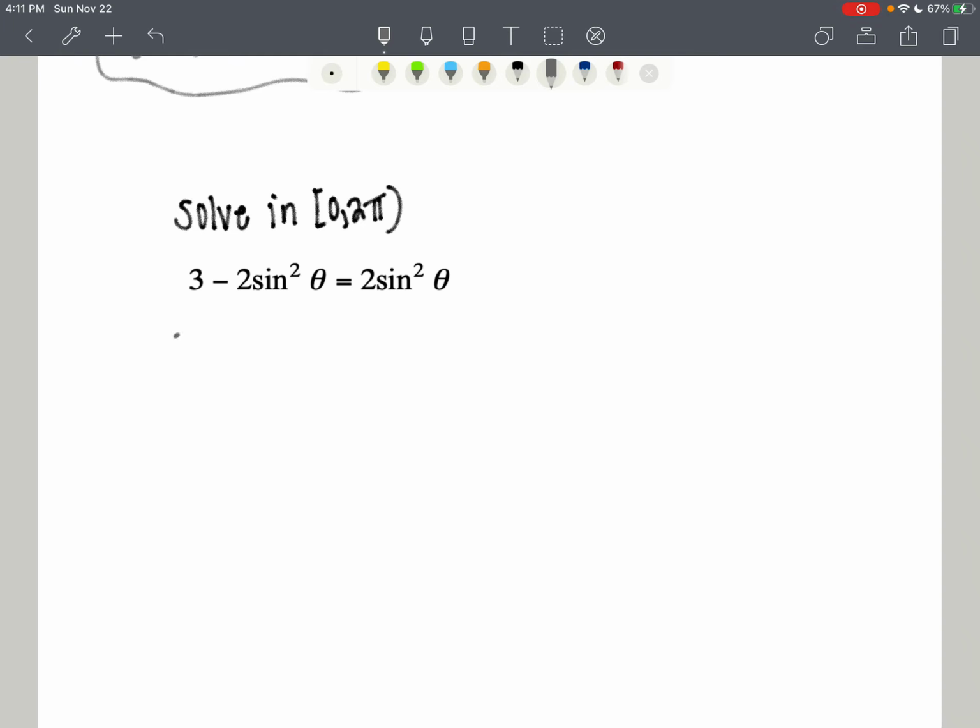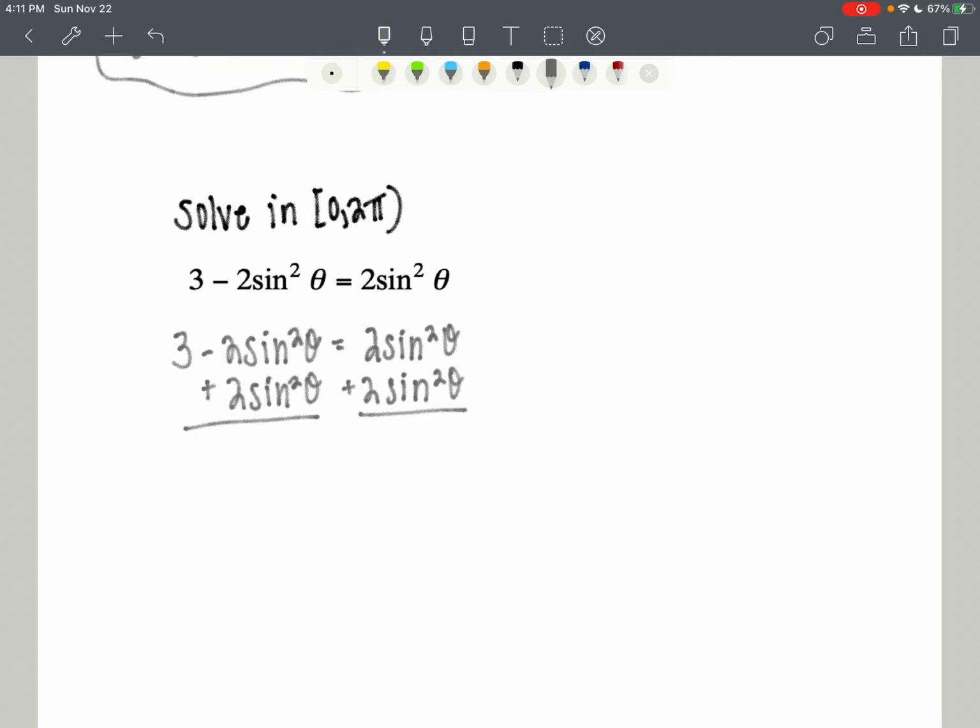So I'm going to attempt to use some algebra techniques of adding 2 sine squared of theta to both sides so I can get the trig function on a side all by itself. These actually combine to be 4 sine squared of theta. Now I want to isolate that sine squared of theta, so I'm going to divide both sides by 4, and I get 3 over 4 equals sine squared of theta.